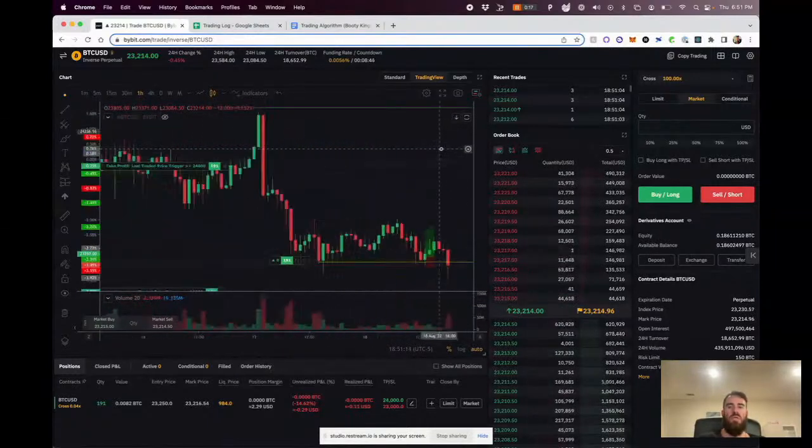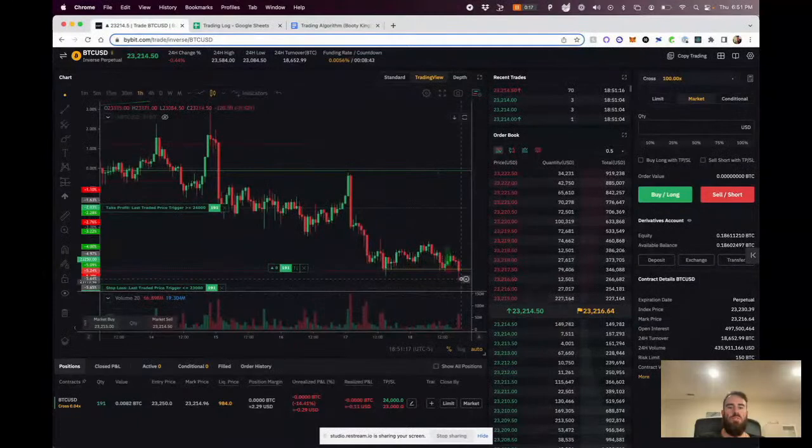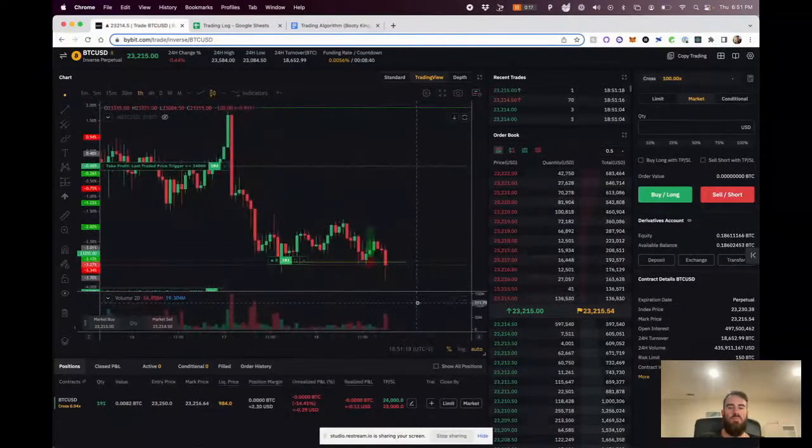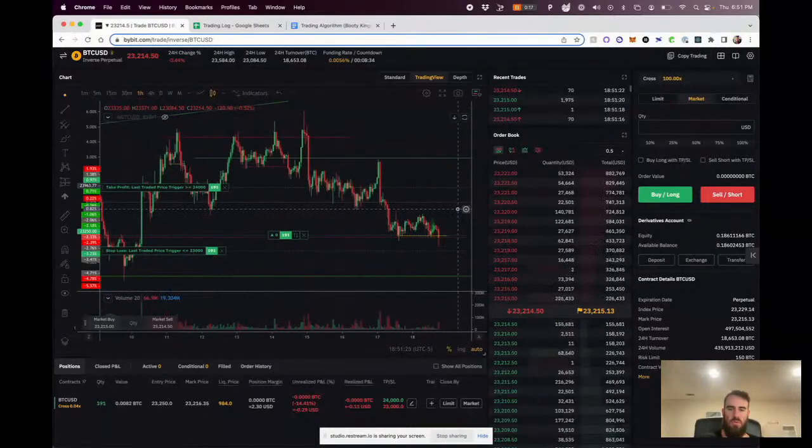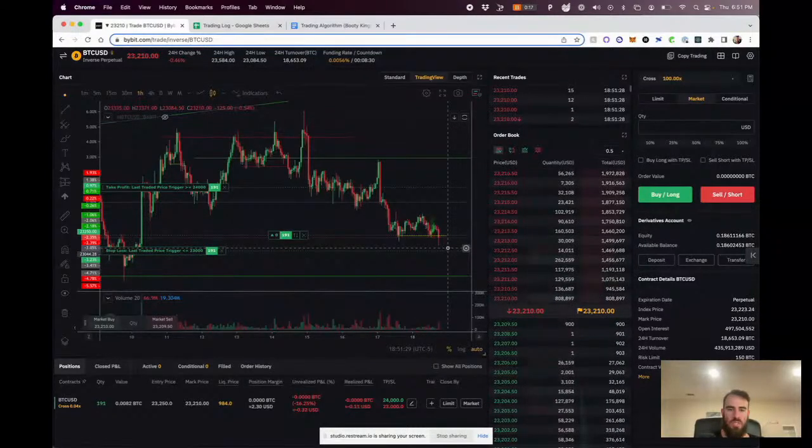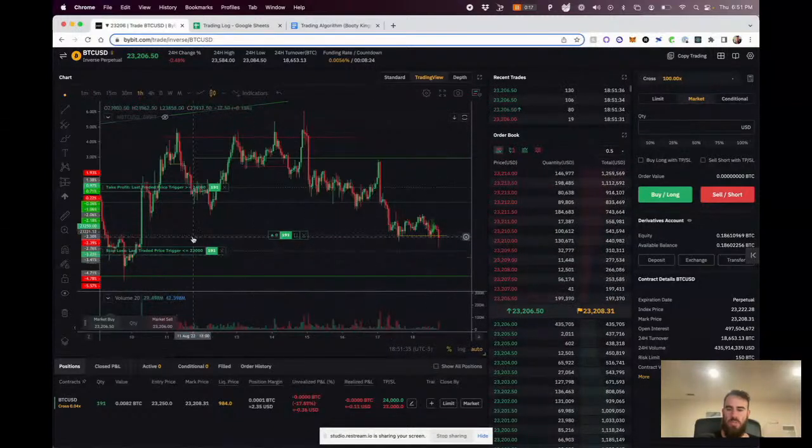This one we're hoping to do something similar, but on a much larger scale, since the stop loss is way down here. Can I even adjust these anymore? I was a little overzealous at stop loss, actually. Let's put it a little bit closer to the bottom of this. I'm going to change it to 23,040.